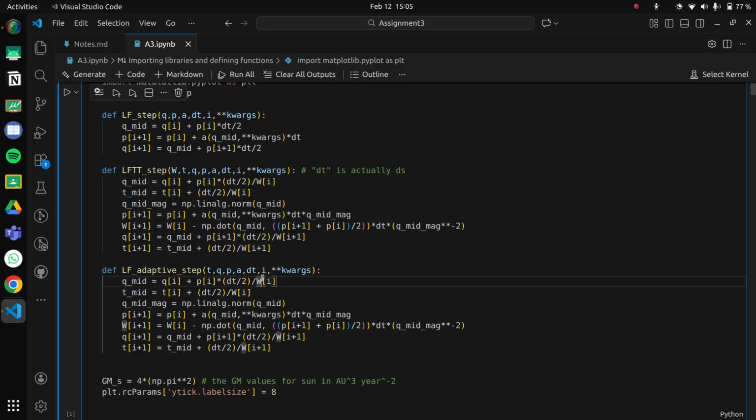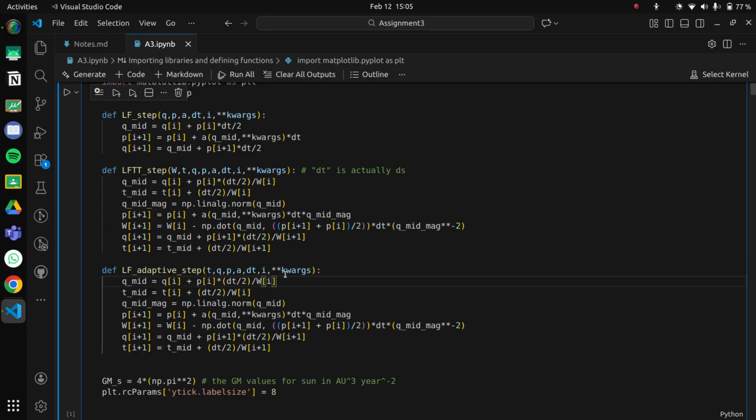So now let's see keyword arguments. I think we do need T, we need the Q, which is the position, P, which is the momentum, the acceleration, we need all of that. All right, so now what do you have? You have Q mid is Qi plus Pi times dt by 2, and then you were to divide by Wi, but now I'm just going to multiply by something.